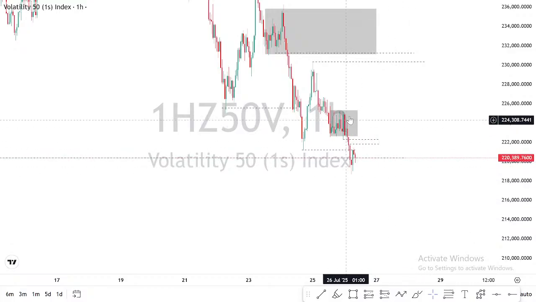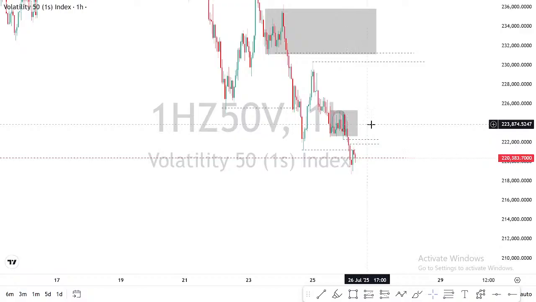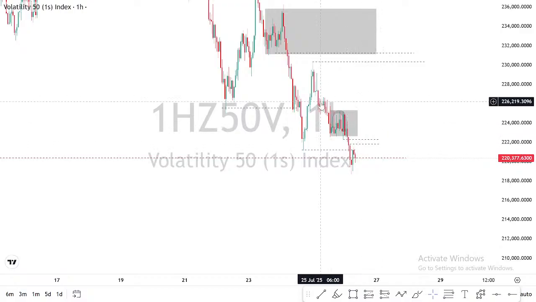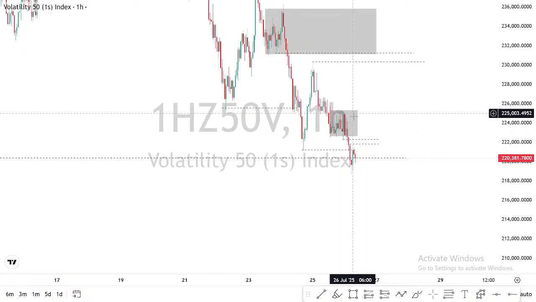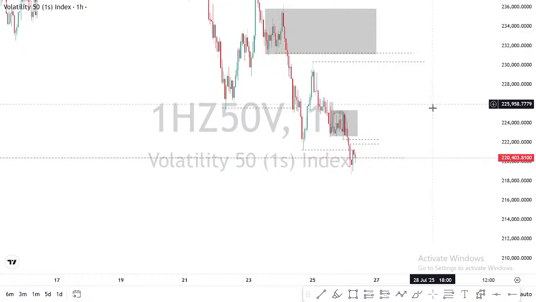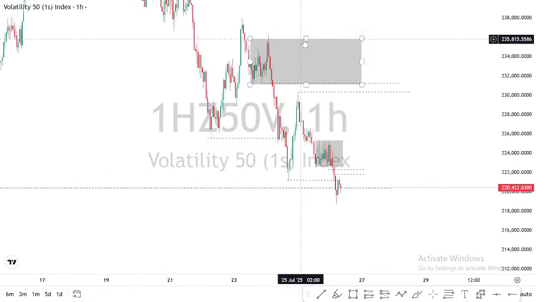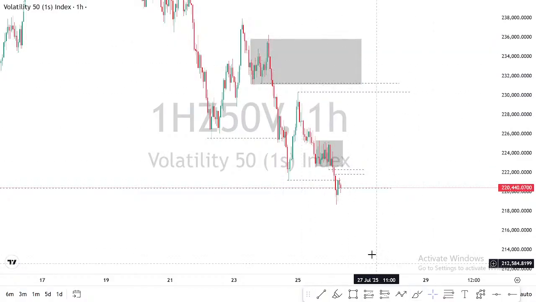This area would have been a good area of POI if it wasn't the range, but there is a lot of range here, so I can't risk it. I can't mark this area out. It might still use it, but I can't risk marking it out as a point of interest. So I'm just going to stick to the clear one, the visible one here.